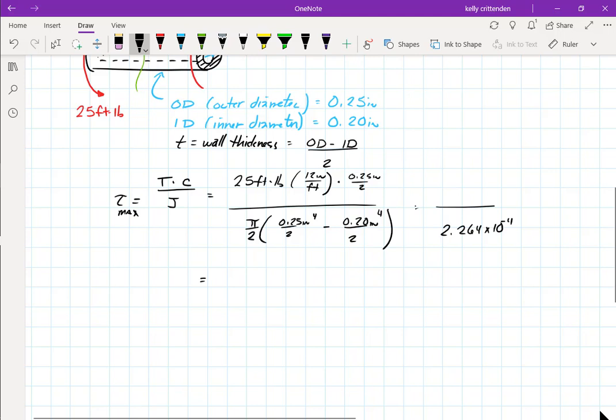So I get, well, let's see, I actually didn't do the numerator. 25 times 12 times 0.25 divided by 2. 37.5. I guess I didn't put units on anything. The units will come out in pounds per square inch. We have inches to the 4th in the denominator, and inches squared pounds in the numerator, so it'll give us pounds per square inch. So 37.5 divided by 2.264 times 10 to the negative 4th.